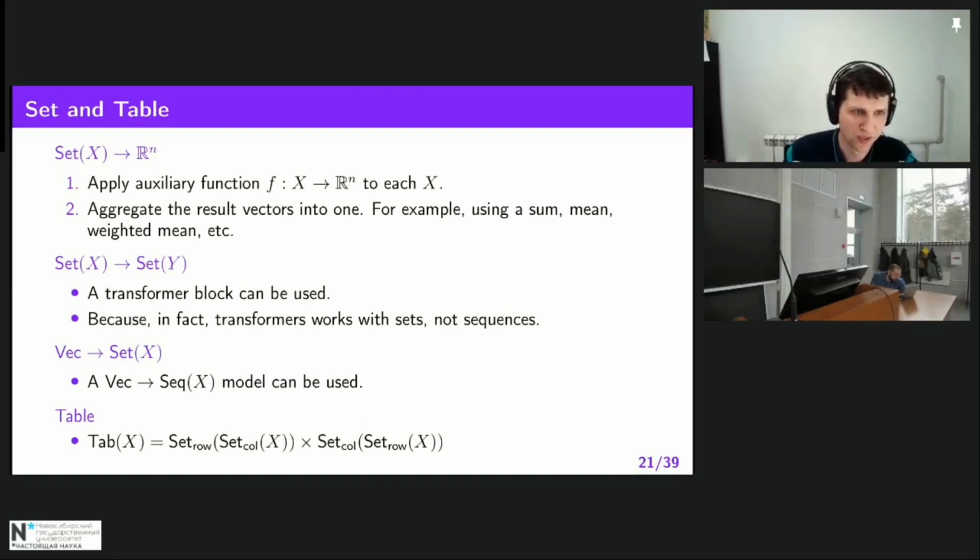So if we have a set, we can use an existing architecture to produce a vector from a set, or produce a set from a vector. So when we find a set, we stop producing new architectures.